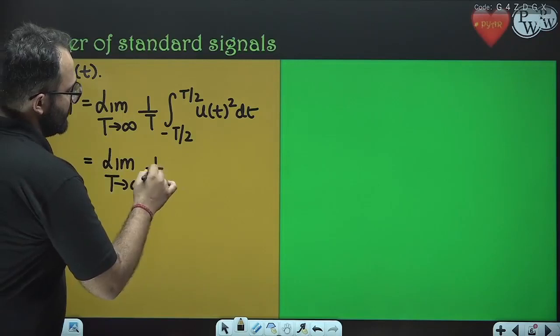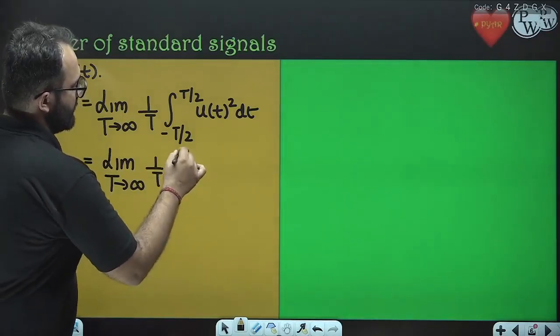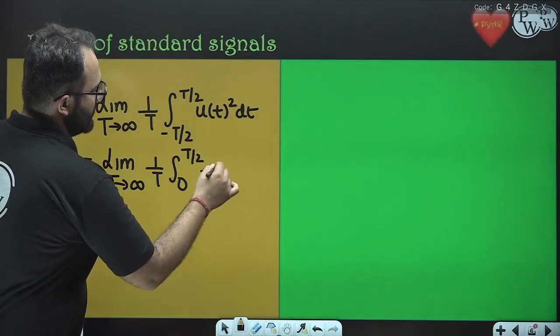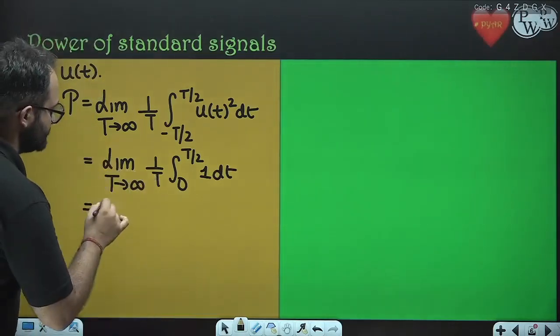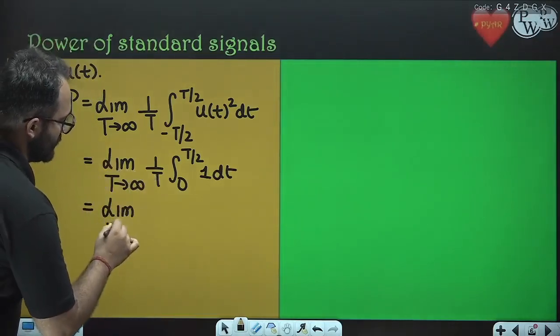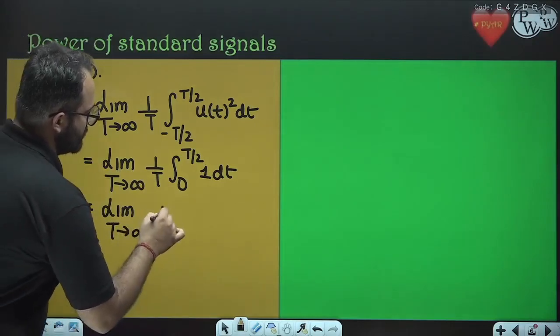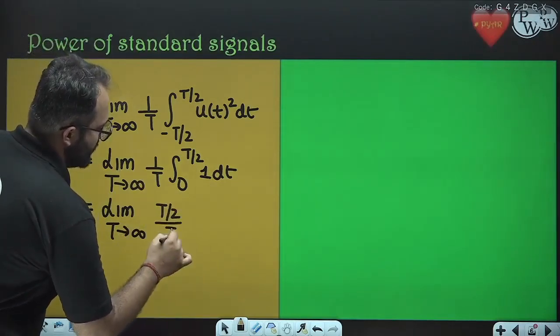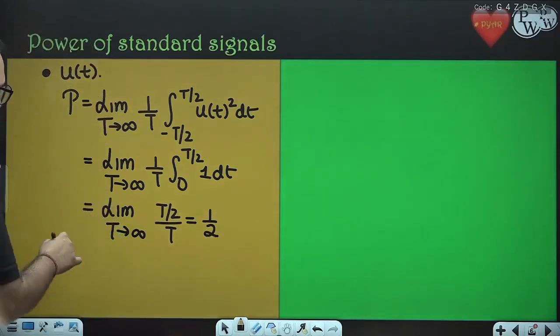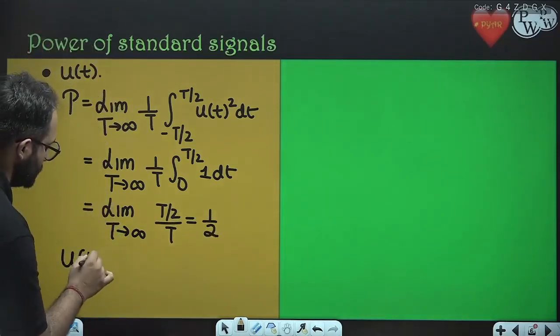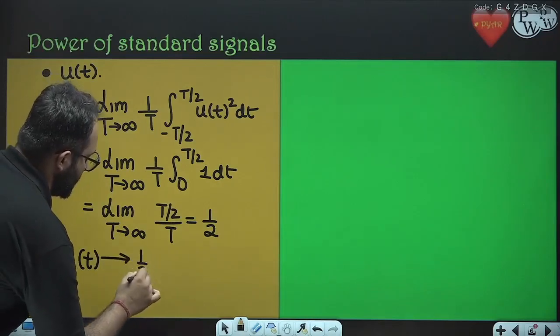So the integration will be 1 upon capital T, 0 to capital T by 2, 1 dt. Now if we integrate this, we will get the answer, that is T by 2 upon T, that is 1 by 2. Always remember that u(t) has power 1 by 2.